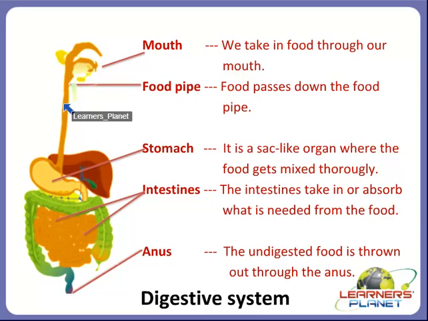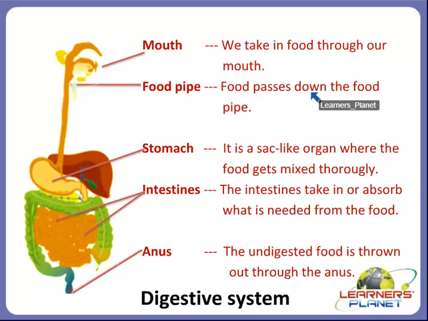So, what is the function of this food pipe? Yes, food passes down the food pipe. So, children, we can say that food pipe helps the food to pass down to other organs.